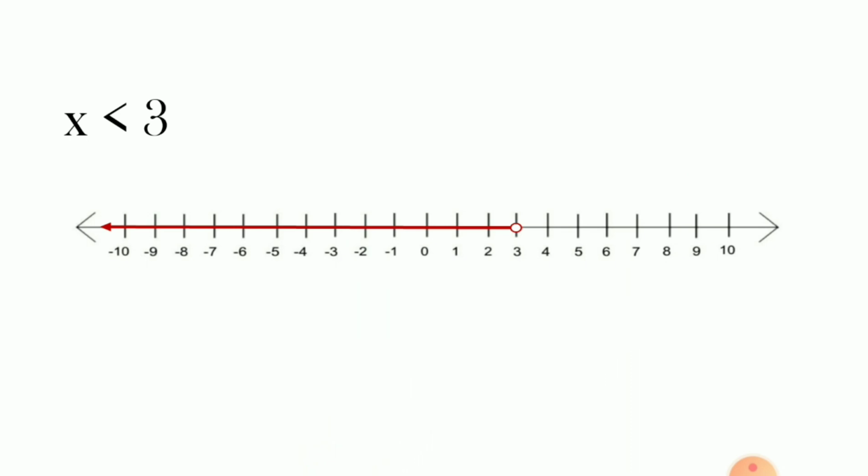So all the values less than 3 will be the solution sets of the inequality. We use open circle because 3 is not included on the solution sets. Meaning to say, 3 will make the inequality false. Then the values less than 3 will make the inequality true.